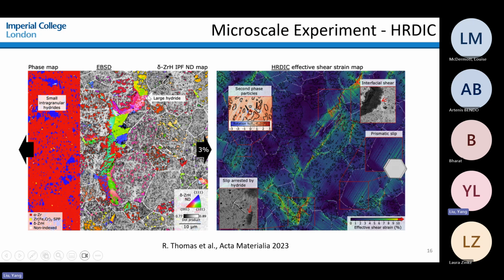And also you can see the slip activated within the hydrides as well. That's what we are particularly interested in, because the hydrides, we usually think of as an elastic material. But in this case, we want to understand how these plastic deformations really occur within the hydrides.